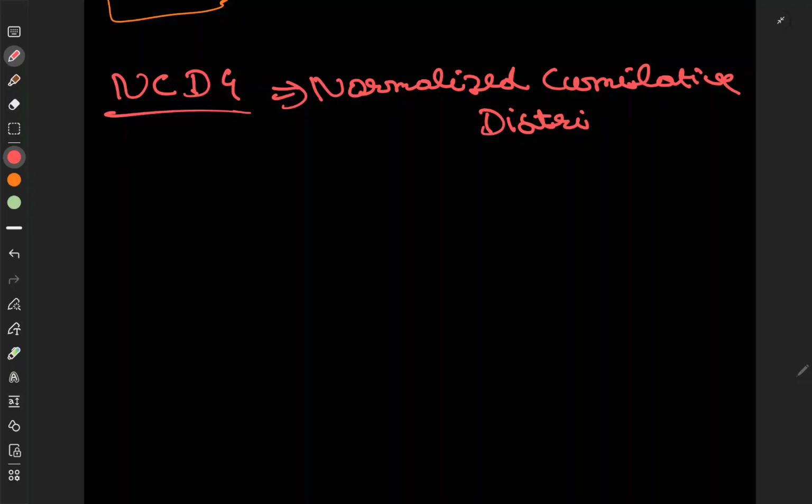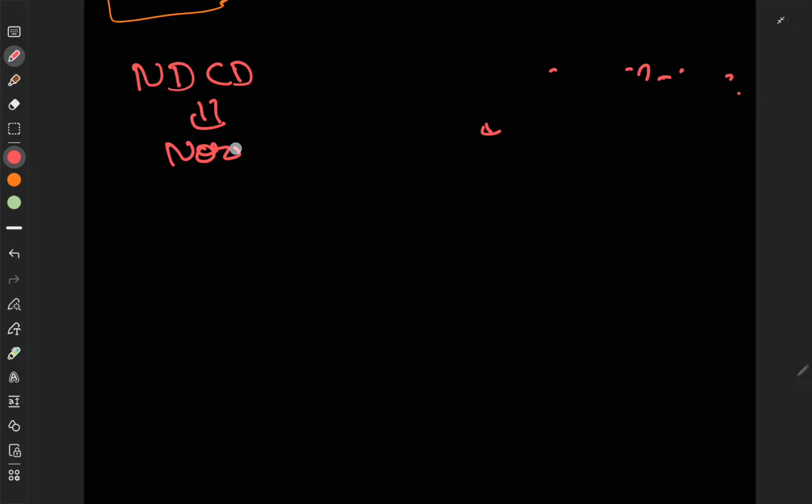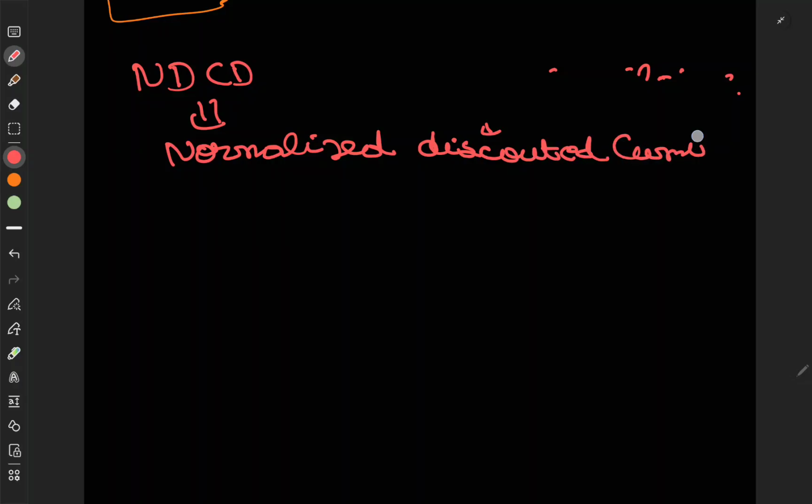Sorry, the spelling was a bit wrong; it is NDCG, normalized discounted cumulative gain.